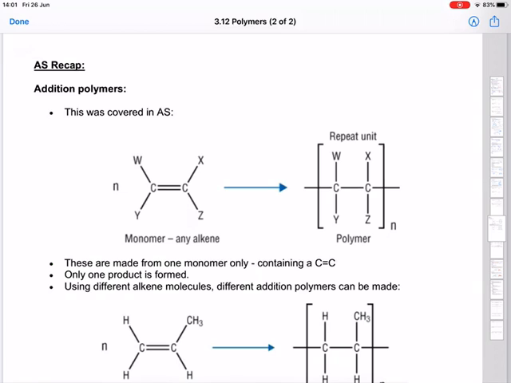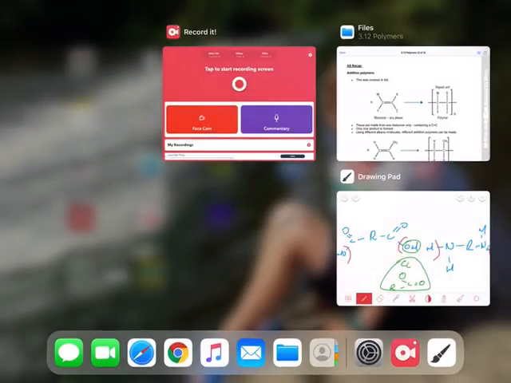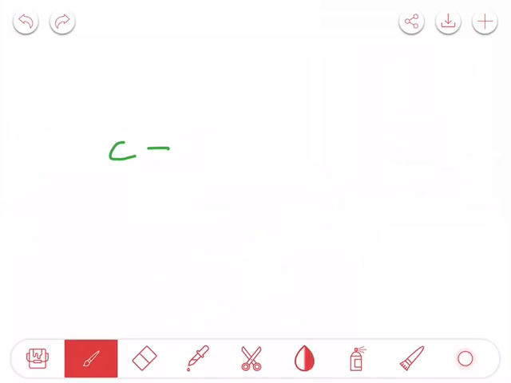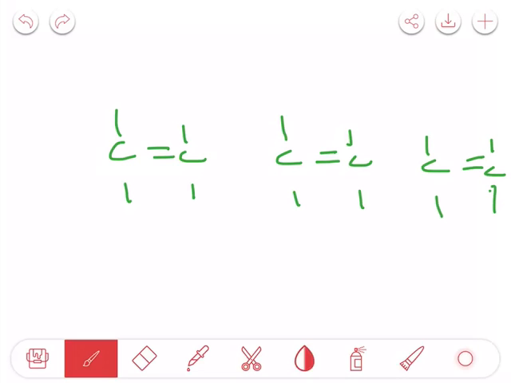Just to finish this off and do a comparison against the type of polymerization that you've done before. In year one, we looked at addition polymerization, which was the carbon-carbon double bond. And just to recap on that, remember we have carbon-carbon double bonds, move all the groups out the way so that only the carbon-carbon double bond is in a row next to each other.